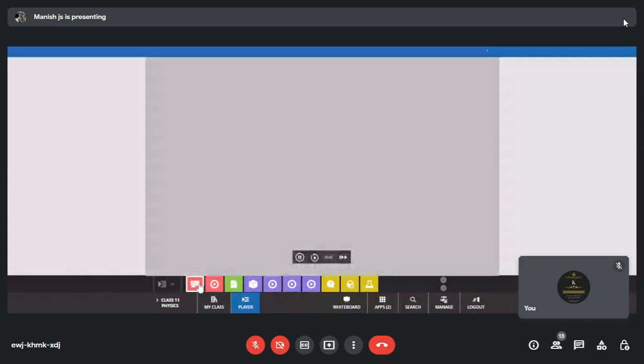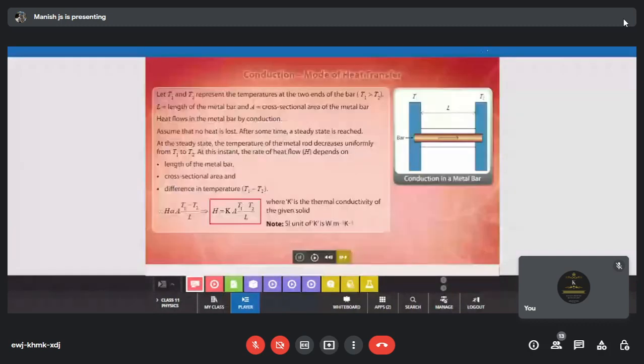Cross-sectional area is the area of cross-section of the metallic bar, which is circular. If you take a rod, it will be a similar case. Okay? That is the idea.